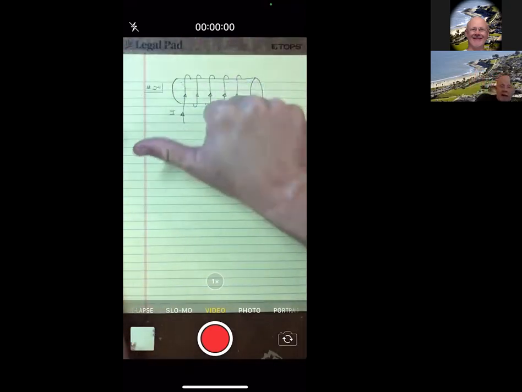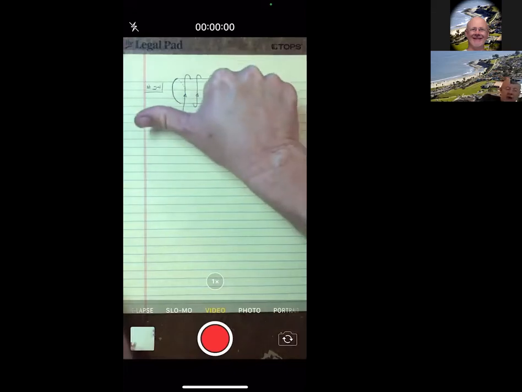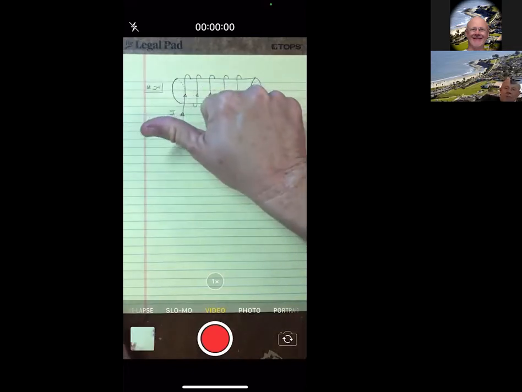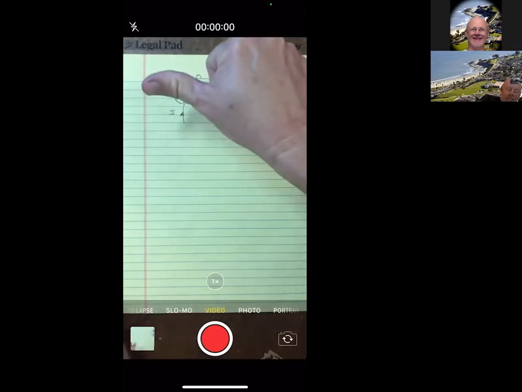So my right hand would be held like this. And so my thumb would be the direction of the magnetic field. So the magnetic field would be in the solenoid and pointing from the right to the left. Okay.